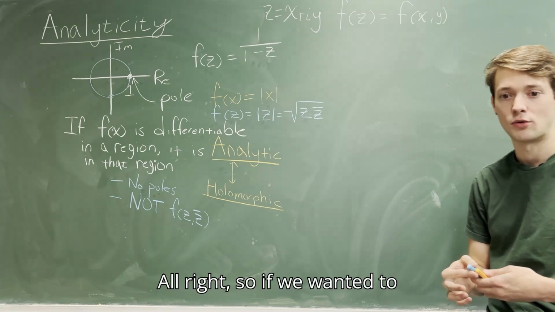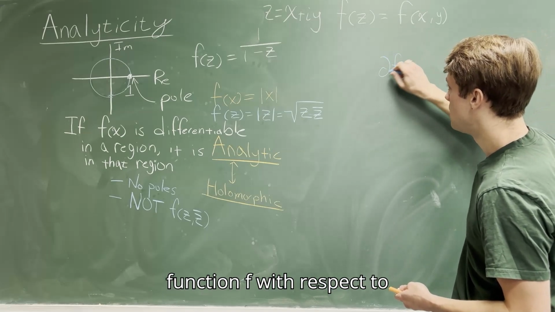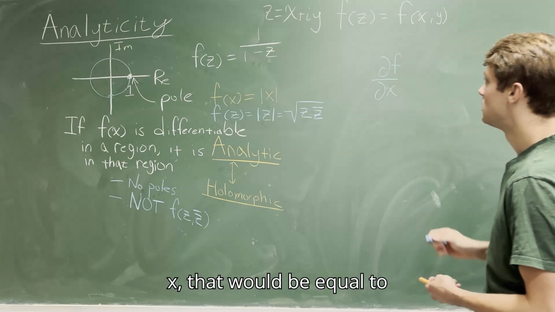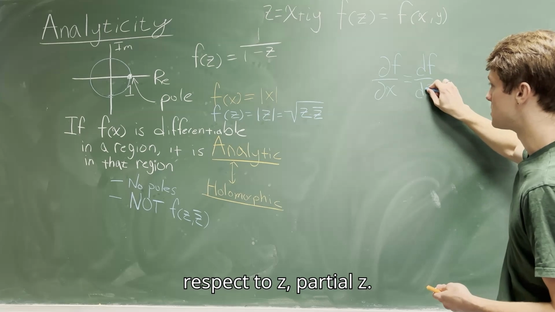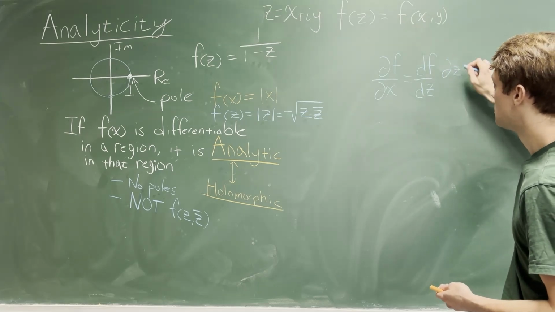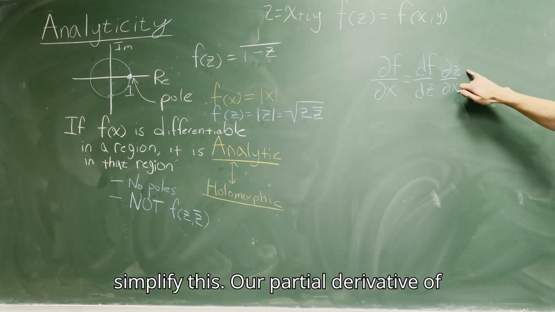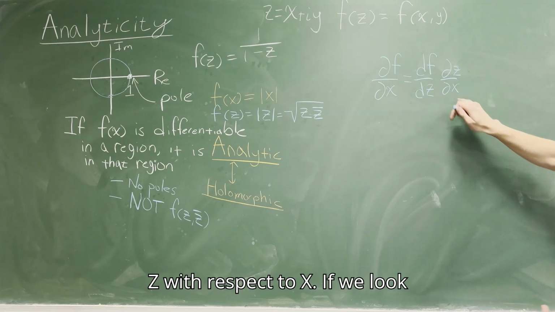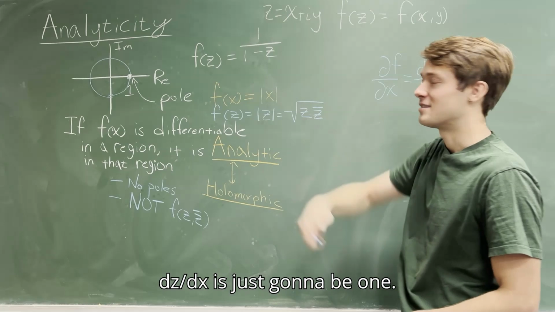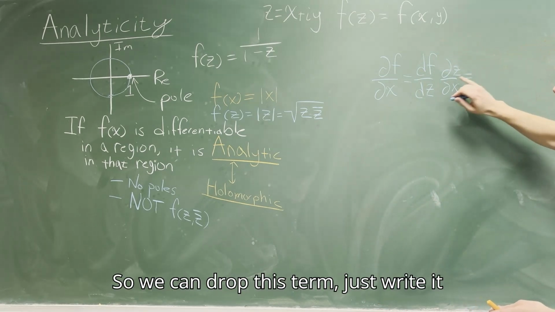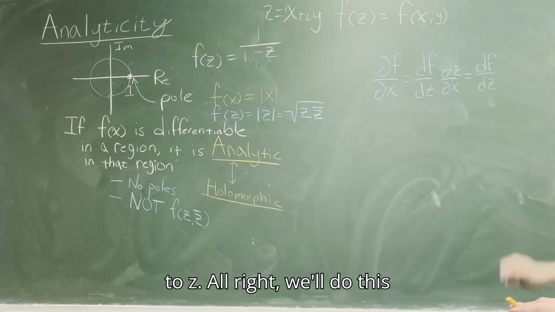All right, so if we wanted to take a partial derivative of this function f with respect to x, that would be equal to the total derivative of f with respect to z, partial z, partial x. And we'll go ahead and simplify this. Our partial derivative of z with respect to x, if we look at our complex number definition, dz dx is just going to be 1. So we can drop this term, just write it as total derivative of f with respect to z.